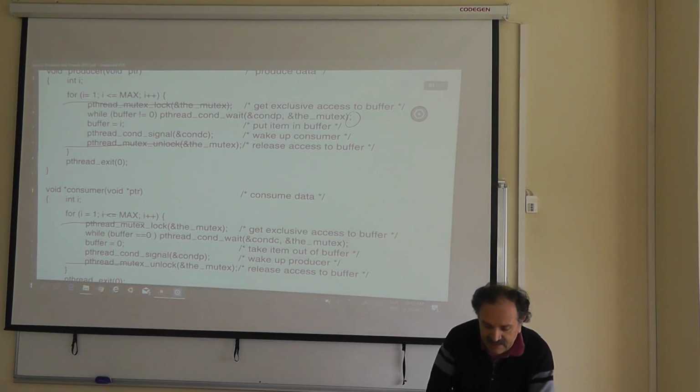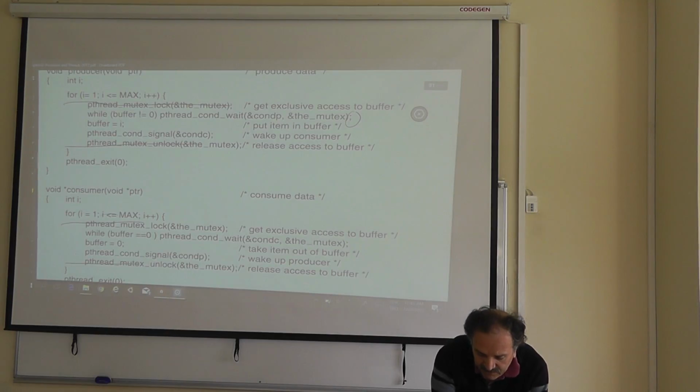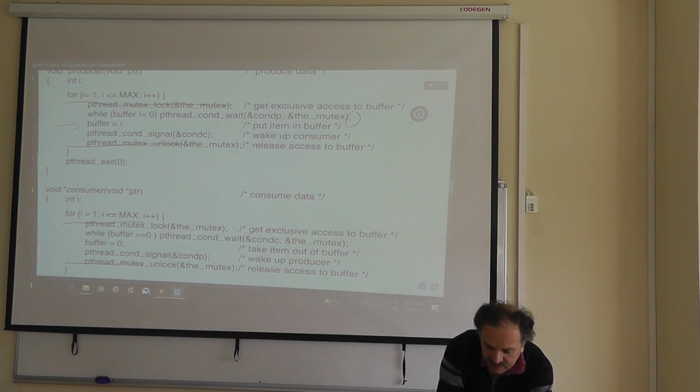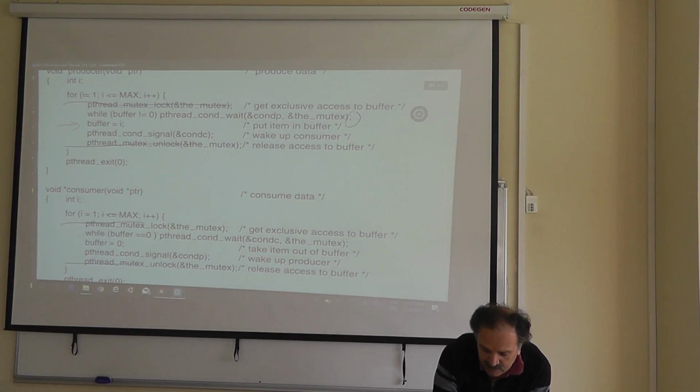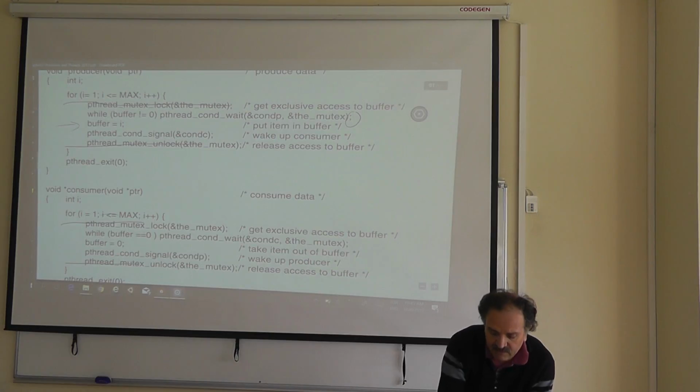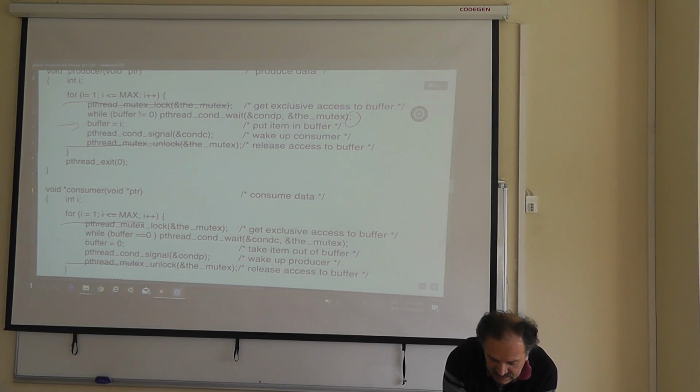Let's look at this. Let's say that if the buffer is 0, then it will come here and try to execute this one. But this one says that if the buffer is 0, then it loops. If the buffer is not 0, then it will come to this line.